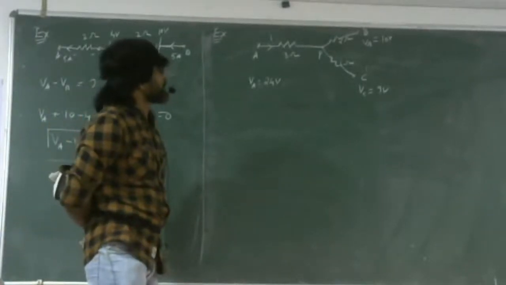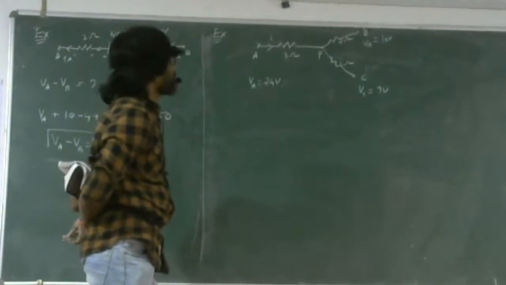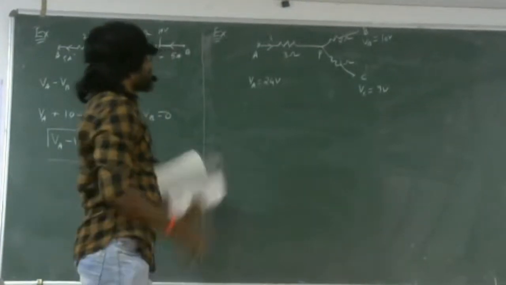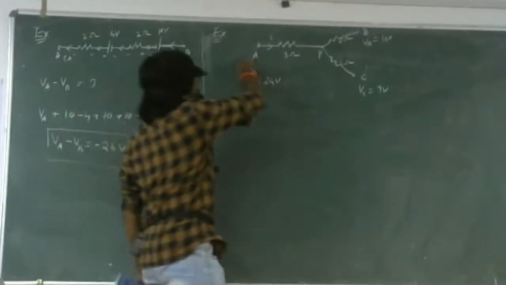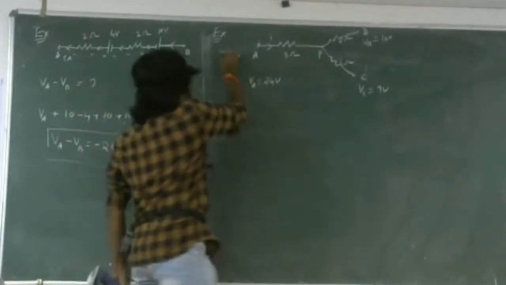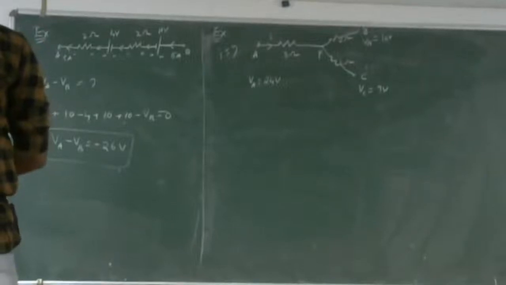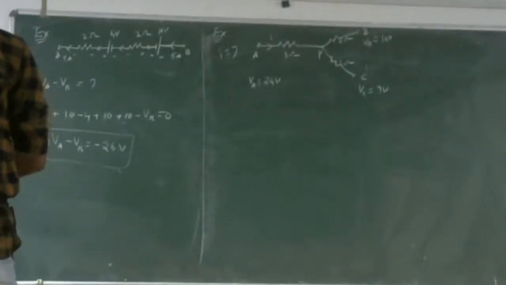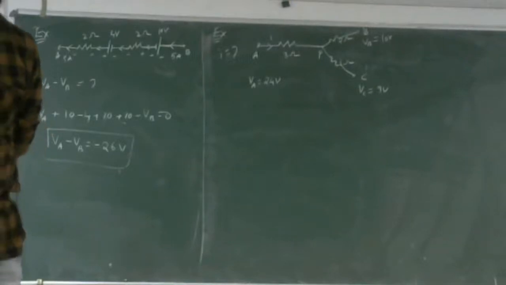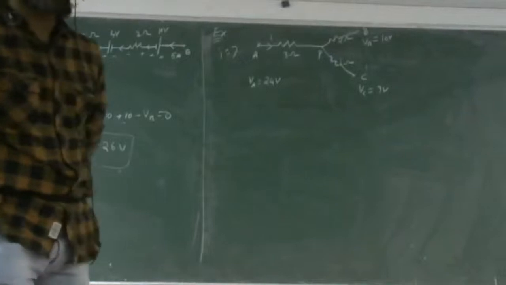And how can you find? The current's direction is obviously I flowing here. What is this current you are supposed to find? Can you try yourself? I will wind up in 10 minutes.